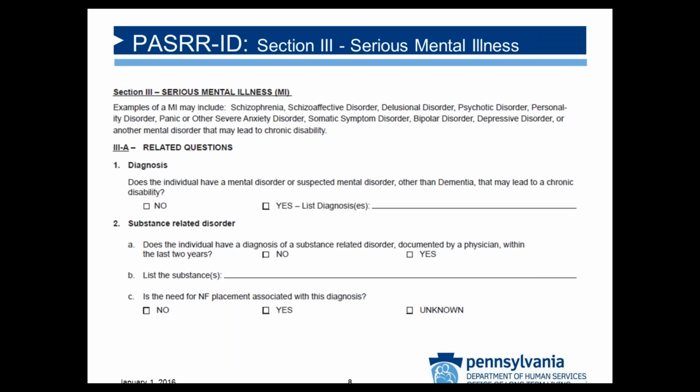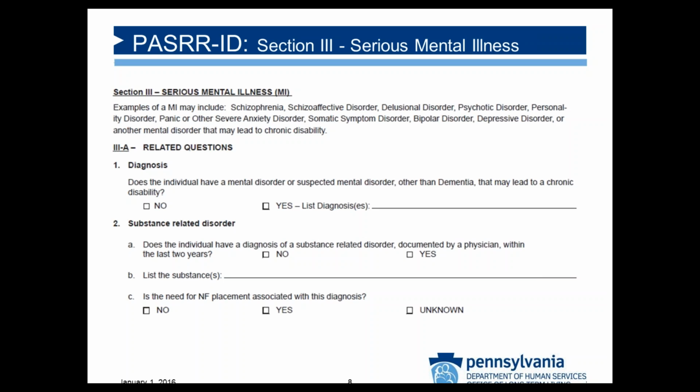Okay, substance-related disorder. You have to realize that just because they have abused a substance does not mean that they need to have a level 2 assessment done. This is kind of an independent question.